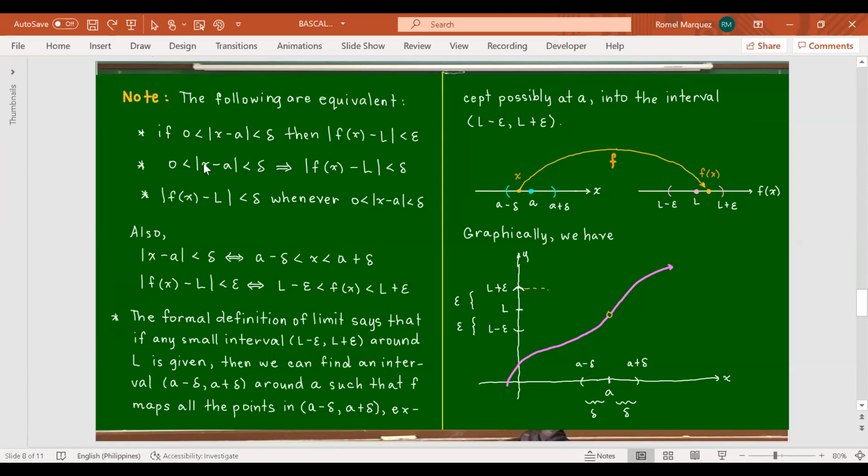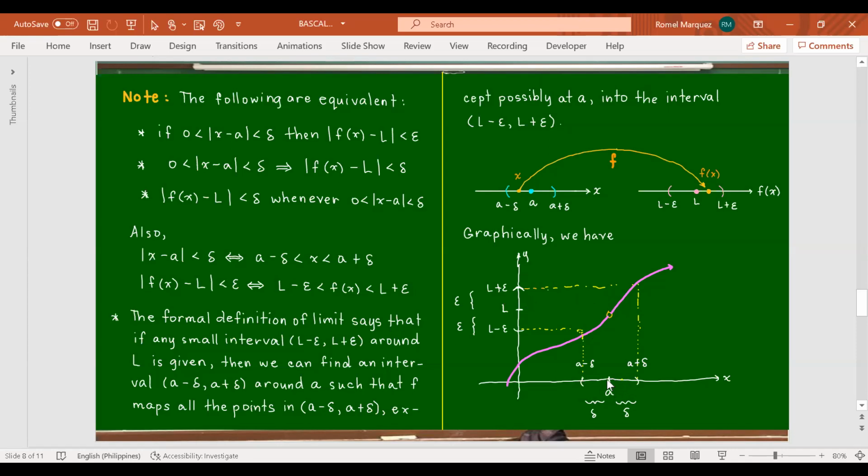Let's have it thinner. Every time I pick a number here, it will not get out of this window, no?